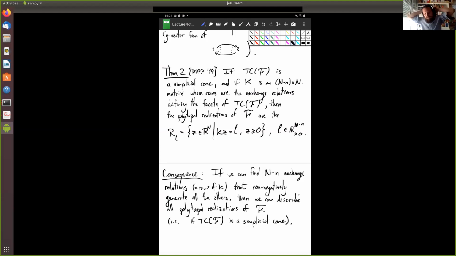And so maybe this is what Arnau Padrol and Vincent Pilaud convinced me of now, is that whenever I'm given a fan, I should really check whether its type cone is simplicial. And this should be at the top of my list of questions I want answered about any fan. Now let's apply this finally to cluster algebras in the last 10 minutes.